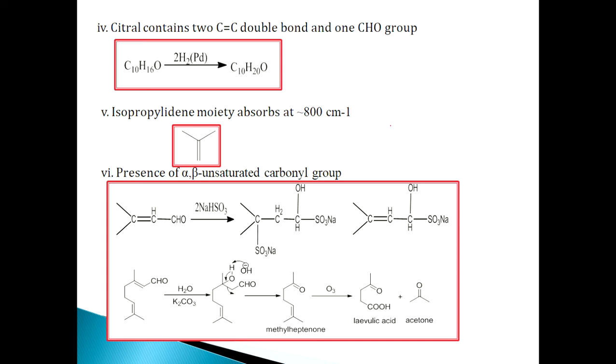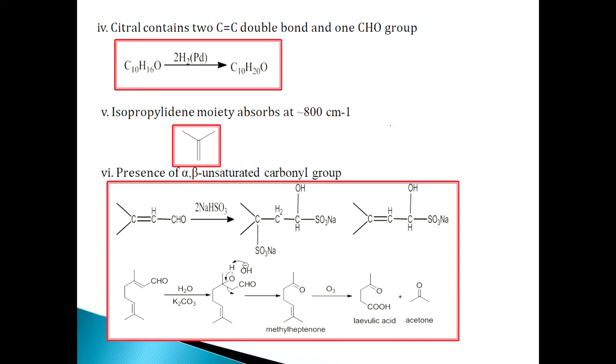One of the two double bonds is present as an isopropylidene moiety. This is proved by the appearance of an absorption band at approximately 800 centimeter inverse.